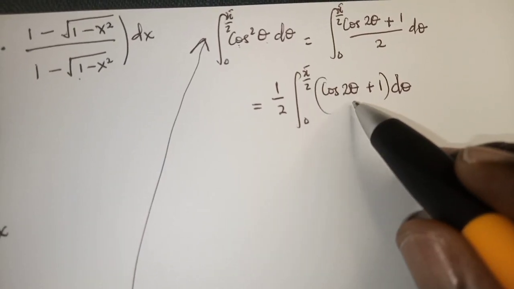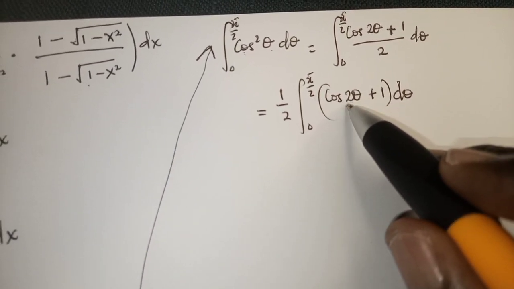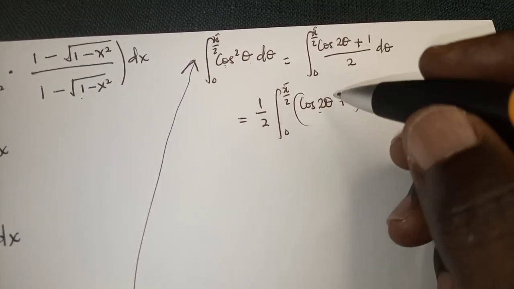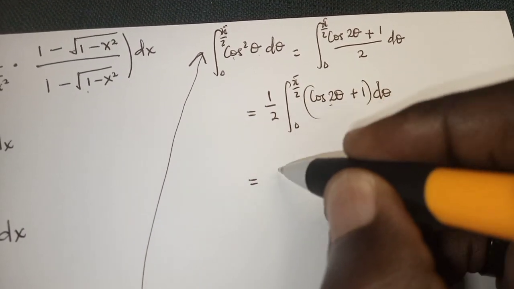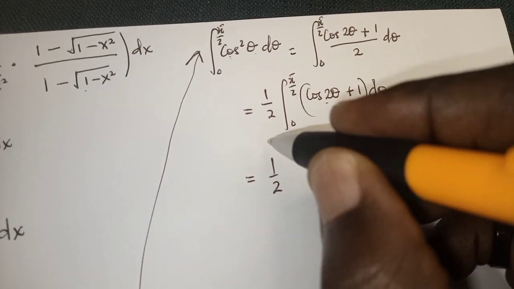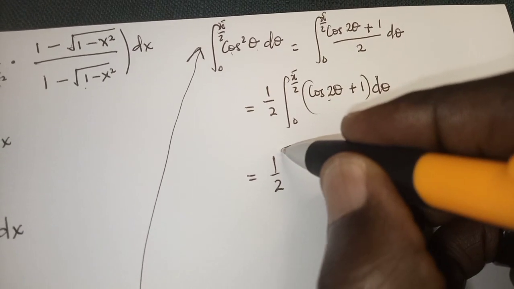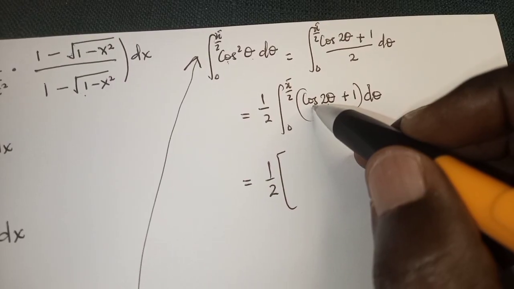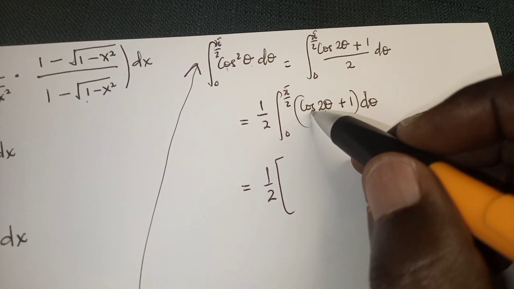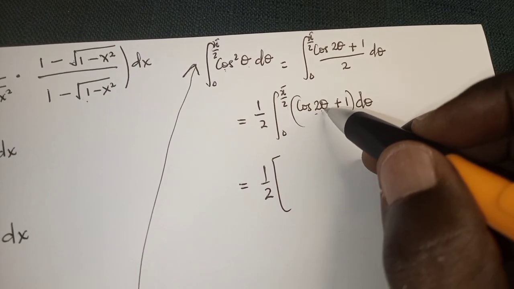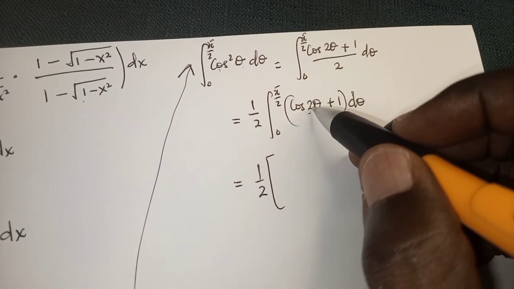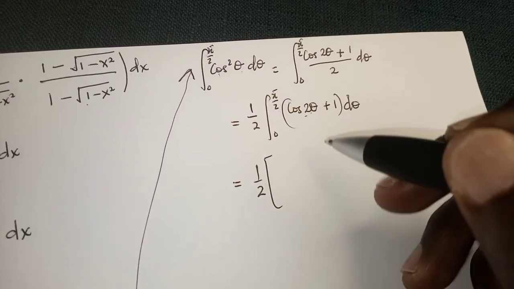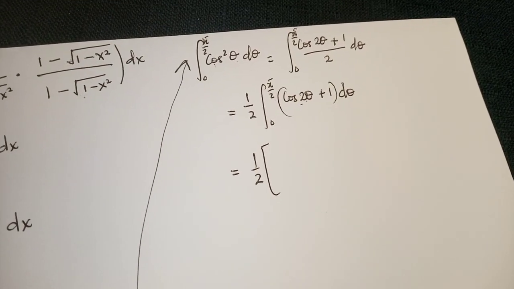When we integrate cos 2 theta, you get sine 2 theta, but because there is 2 theta, times 1 on 2.